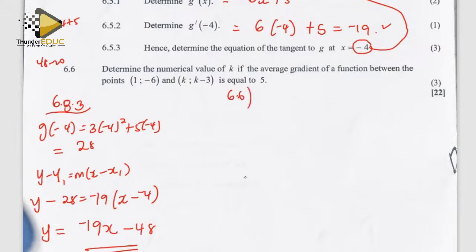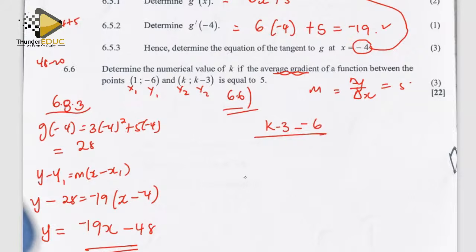All right, then 6.6, determine the numerical value of k if the average gradient, the keyword is average gradient. So with the average gradient, we know that it's the change in y over the change in x, which is equivalent to 5. Let me call these x1, y1, x2, y2. So I'll have k minus 3, I'm subtracting a -6, over k minus 1 should give me 5, meaning that k plus 3 is equivalent to 5 into k minus 1.